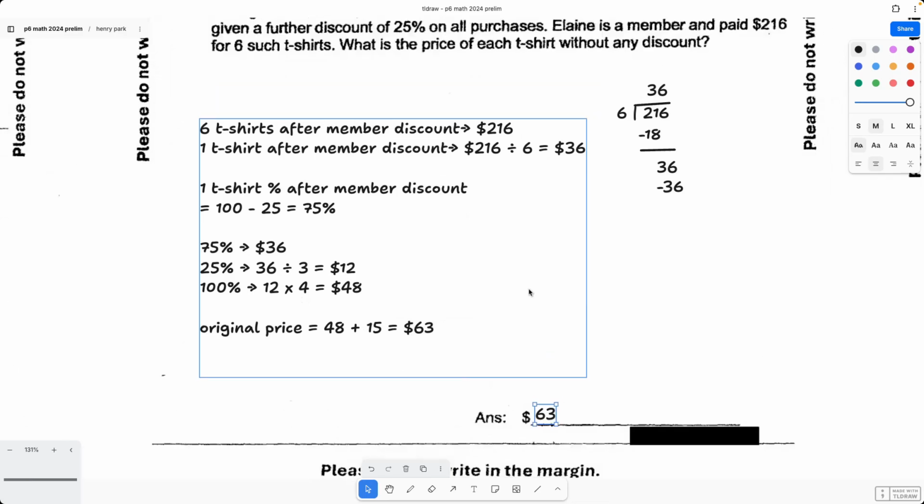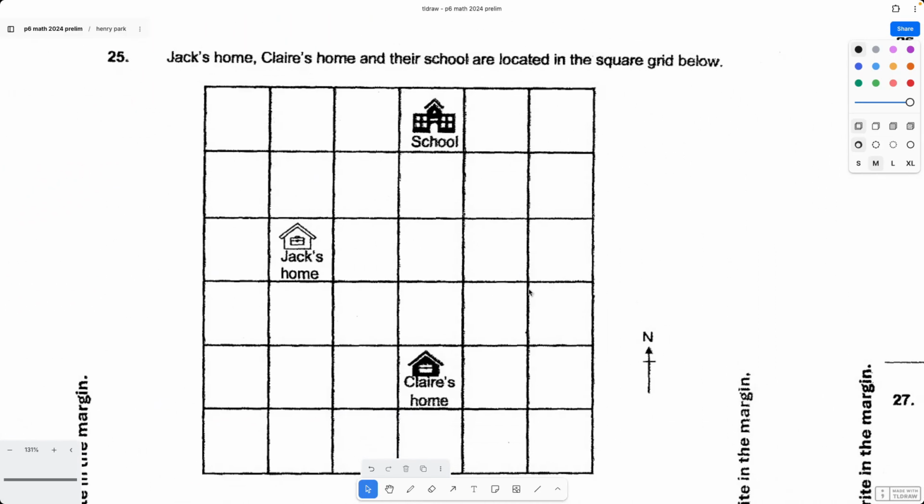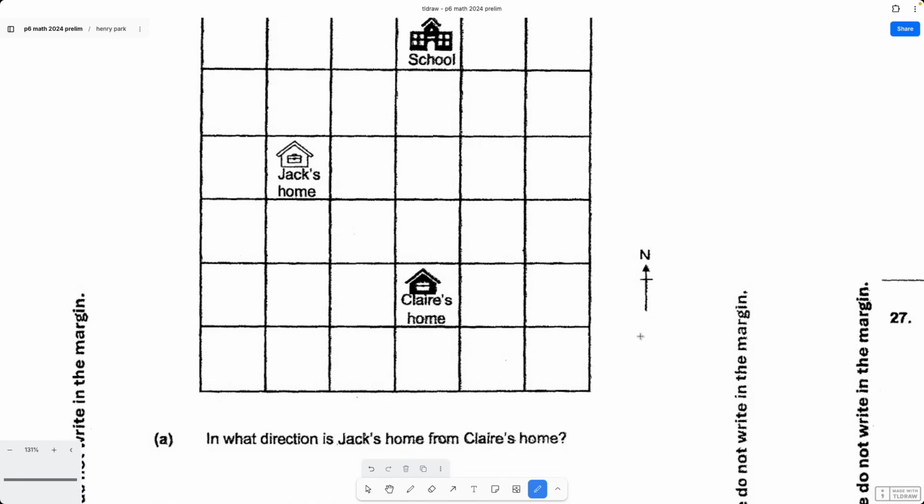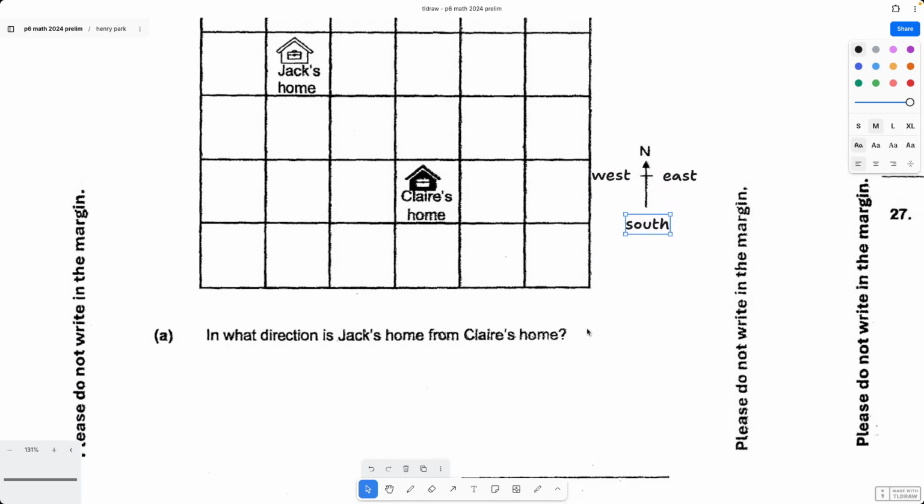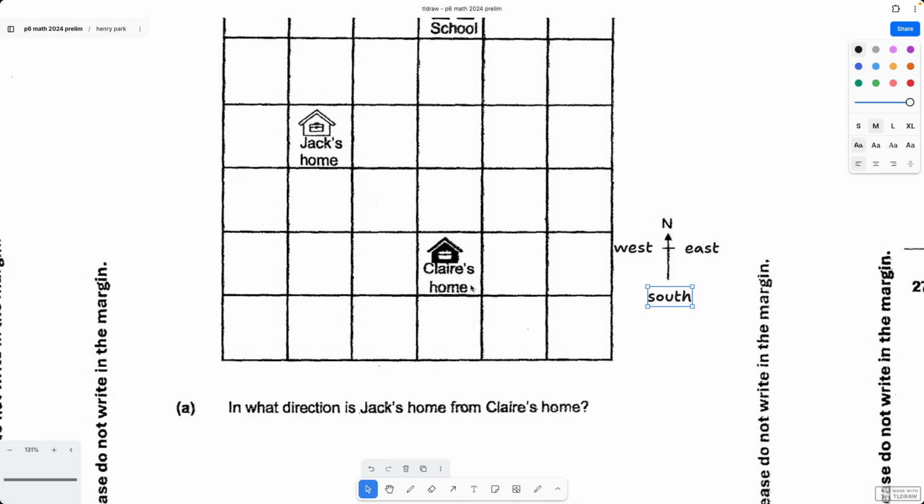Okay, let's move on to the next question. Question 25. Jack's home, Claire's home, and their school are located in a square grid. Here we have north, south, east, and west. Now, in what direction is Jack's home from Claire's home? So Jack's home from Claire's home is this.